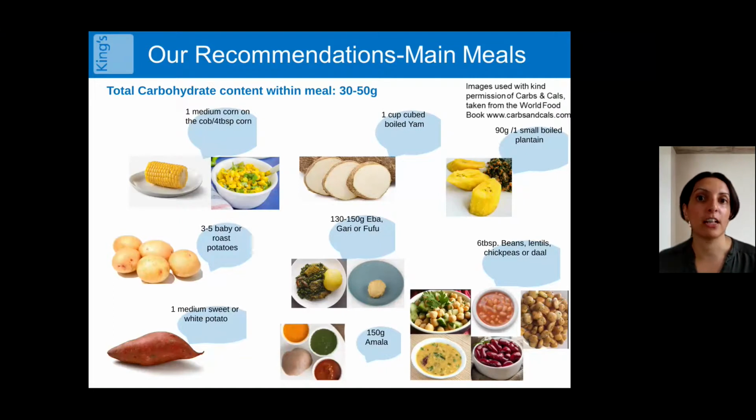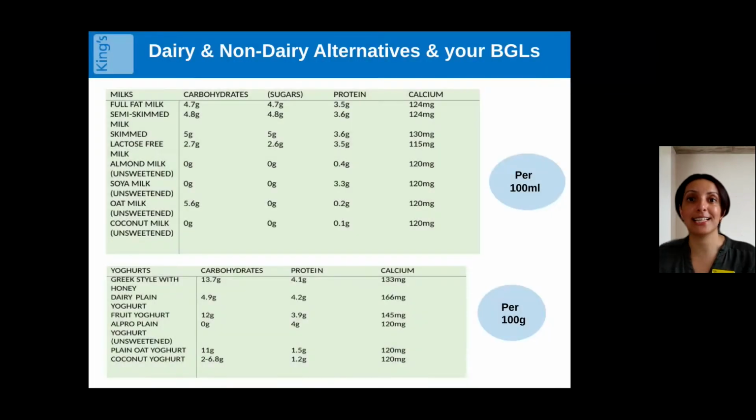You might find an extra helping of a protein-based food or your healthy fats into the meal might just help to better balance the meal nutritionally, as well as keep your glucose levels within target range. And please do have a look at the dietary leaflets that we've provided you in your GTT packs for further recipe inspiration or meal ideas.